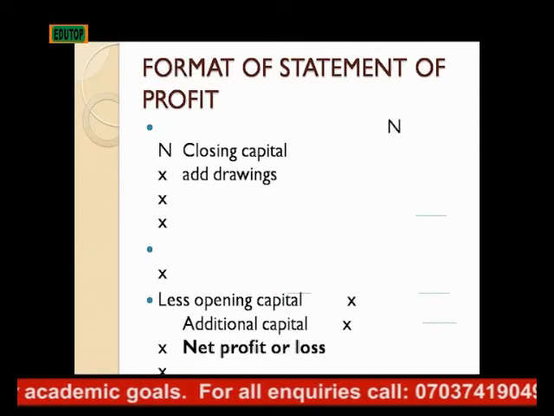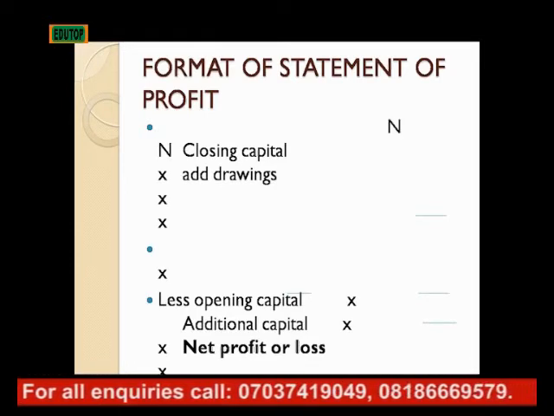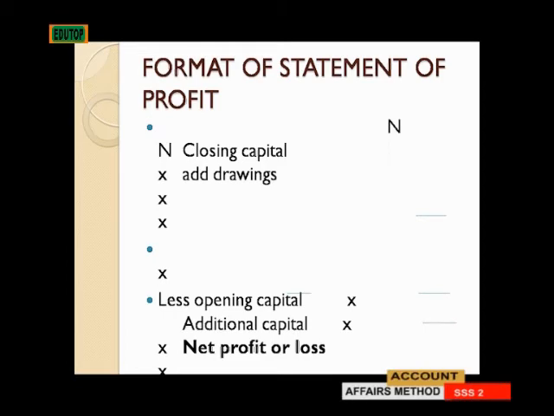When you have your closing capital, then you add drawings. After you add your drawings, then you less your opening capital. Then you add your additional capital, if there is any, and at the end of the day you get your net profit or loss.